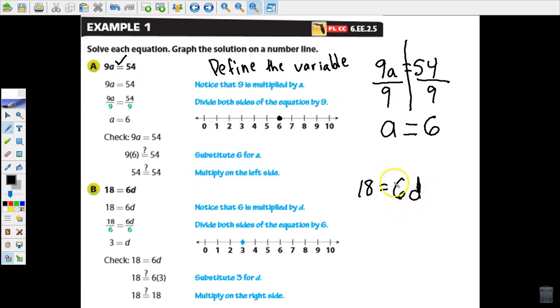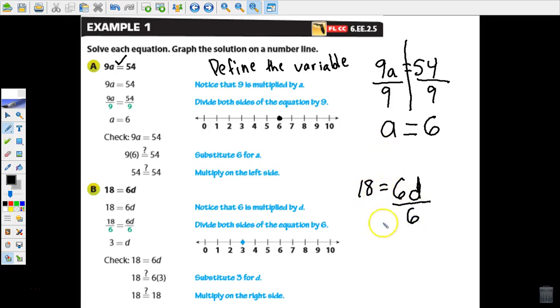So I'm looking at the 6d, and I'm trying to see, is it multiplication, is it addition, subtraction, division, whatever. They are connected, and there is no sign. Therefore, that means it's multiplication. So I have to do the opposite, and I have to divide to solve for it. So I want the d all alone, so I divide by 6.